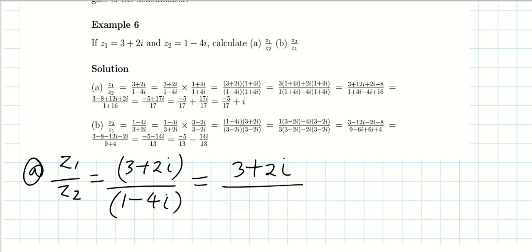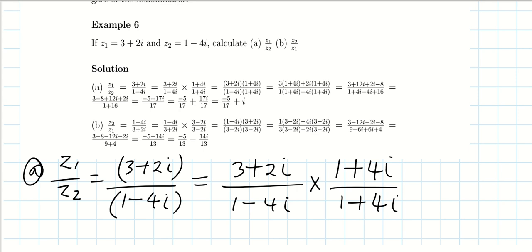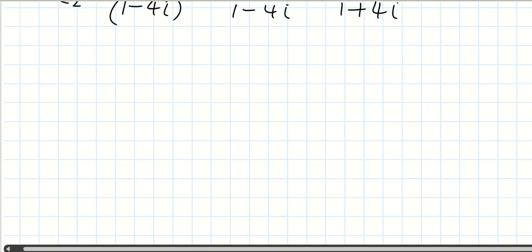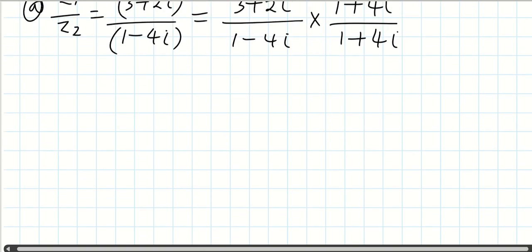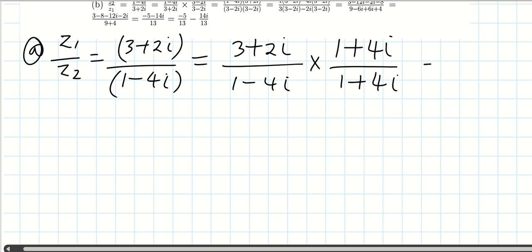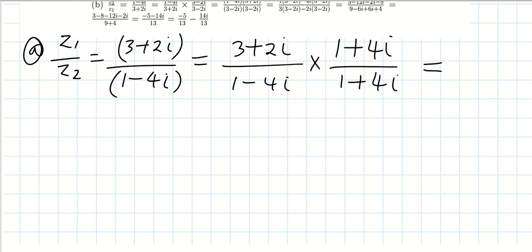So we have 1 minus 4i times 1 plus 4i divided by 1 plus 4i, which is appearing here already. Now, we multiply the numerators together and the denominators together.